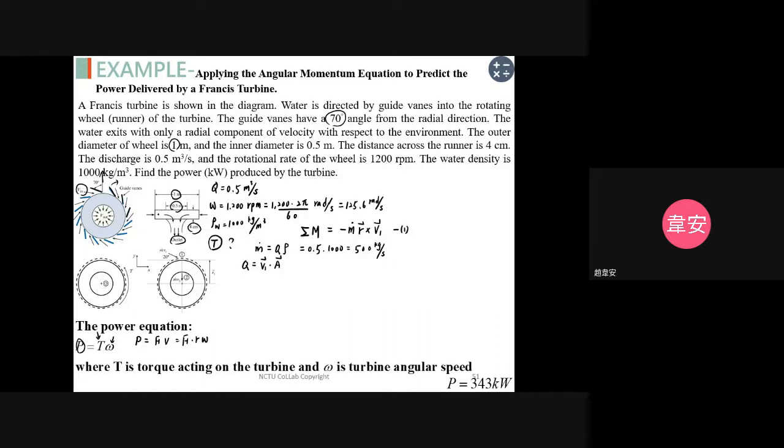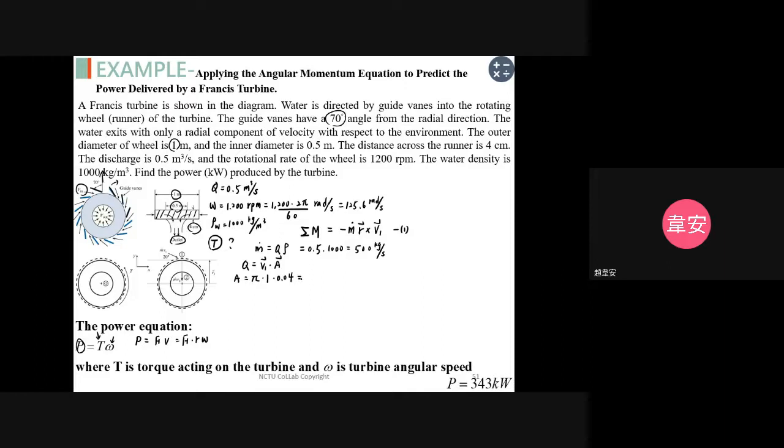The area in here is the runner cross-section area, and the area in here is the right angle, and the right angle is equal to the circle length. We have a diameter of 1 meter, so the circle length is pi d. The diameter is 1 meter, and the width here is 4 centimeters. So the width is 0.04 meters. So this is our area.